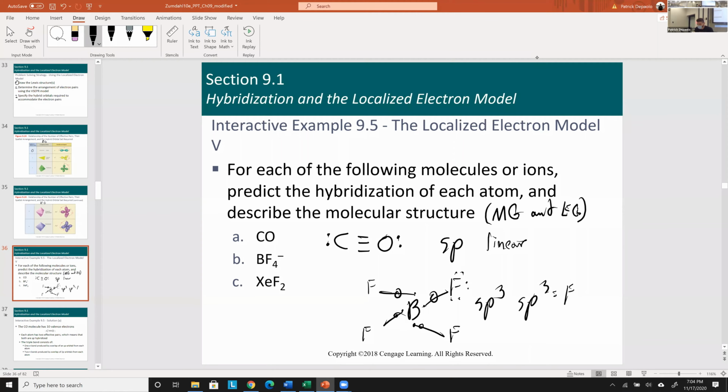And Isaiah, it's a good point. You really can't say a shape for one of the peripheral atoms. It's only for central atoms we say shapes, but its electron geometry would actually be tetrahedral. We really can't say a molecular shape around fluorine because the whole molecule has its own shape. That's another key difference: electron geometry we can say for almost any atom, except hydrogen, because it just has one group.